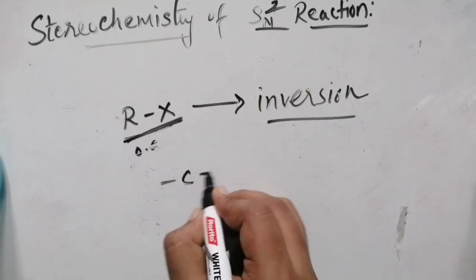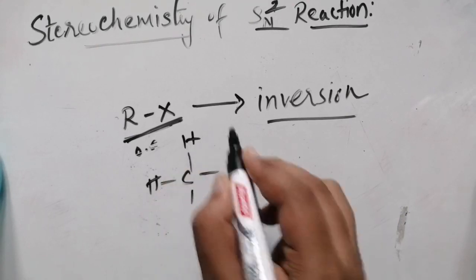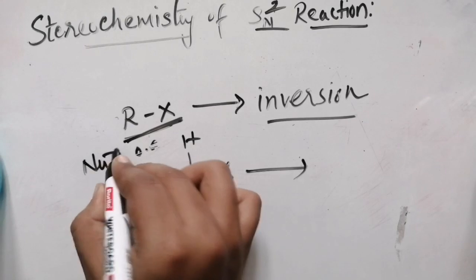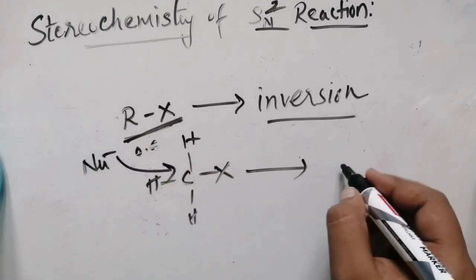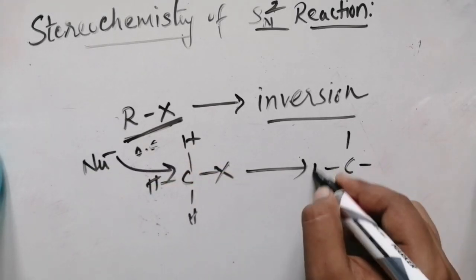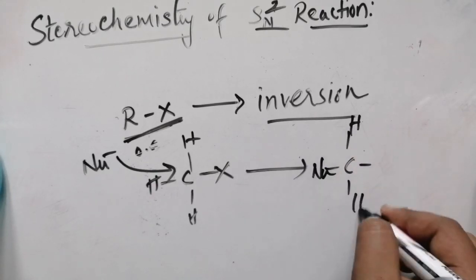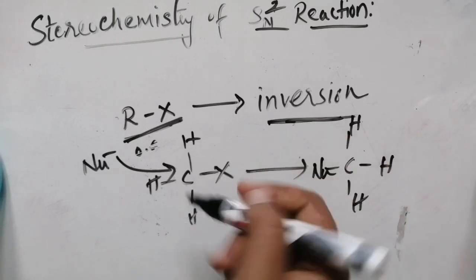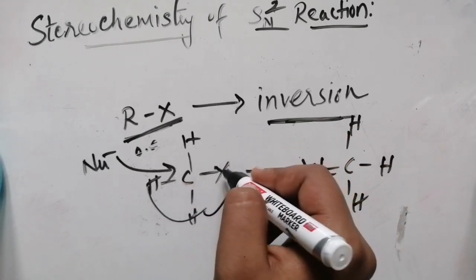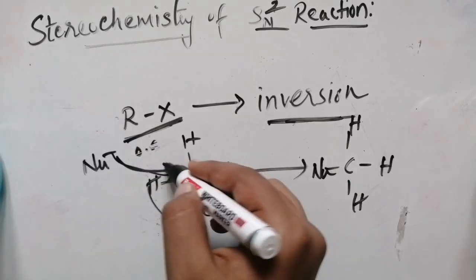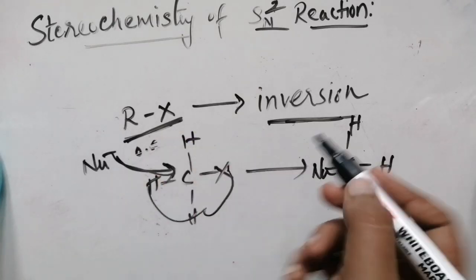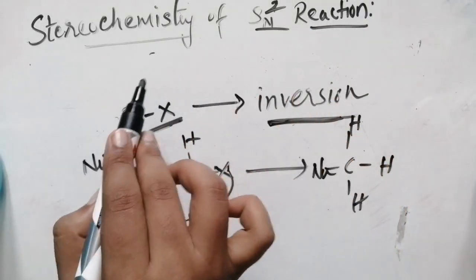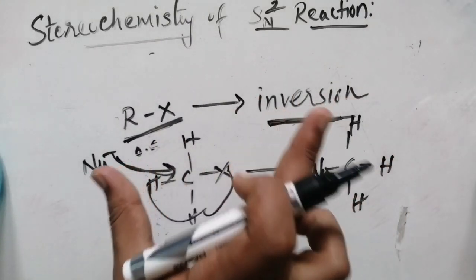For example, I have H, H, X here. The nucleophile attacks from the backside, and the product is formed like this. Hydrogen goes here, and the nucleophile attacks from the backside. So this is the stereochemistry of the SN2 reaction. It takes place through inversion.